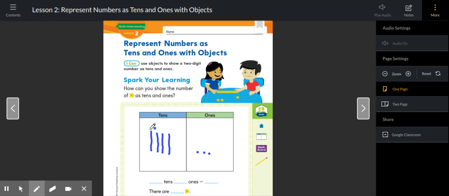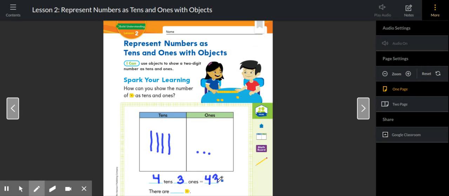So if you're using chocolate chips, you would have a row of 10, a row of 10, a row of 10, a row of 10, and then 3 extra chocolate chips over here. And so what that means is that there are 4 tens, or 4 rows of 10, 4 groups of 10, and 3 extras, or we call them ones, left over, which is the same as, because that's what equals means, the same as 43, which is how many I told you that you needed to get.